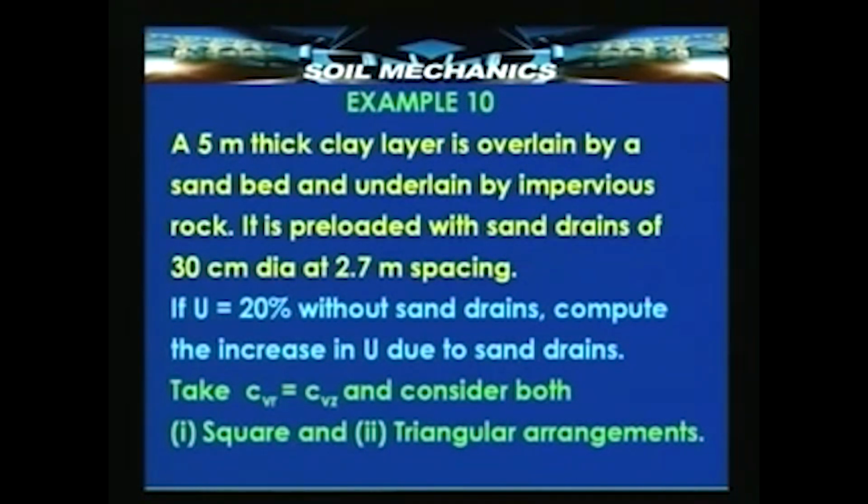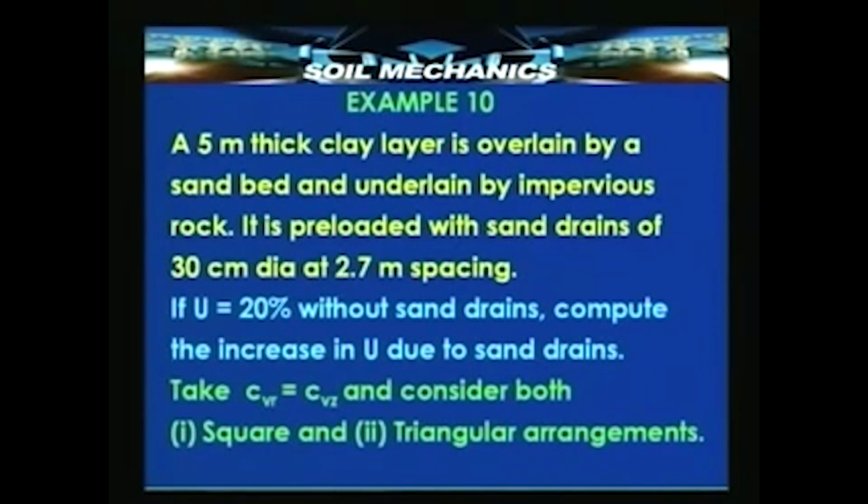It is preloaded with sand drains of 30 centimeter diameter at 2.7 meter spacing. Without sand drains, the degree of consolidation is 20% at any given time. What will be the increase in degree of consolidation if we install sand drains?